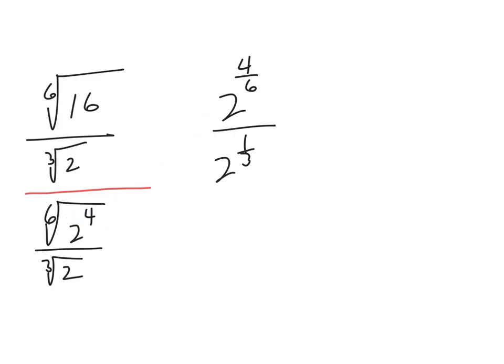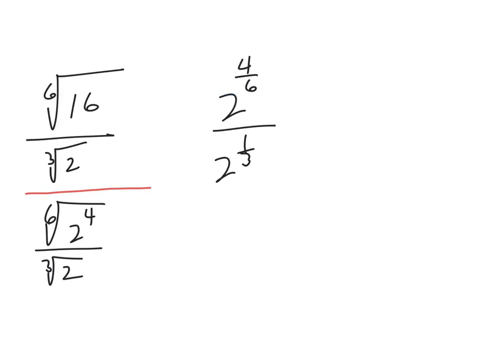It works both directions. I can go from radical to exponential form, which is how we started. The very first problems I showed you on the screen went from here to here, and we can go the other direction too. Now, when I have division and the bases are the same, what do I do with the powers?